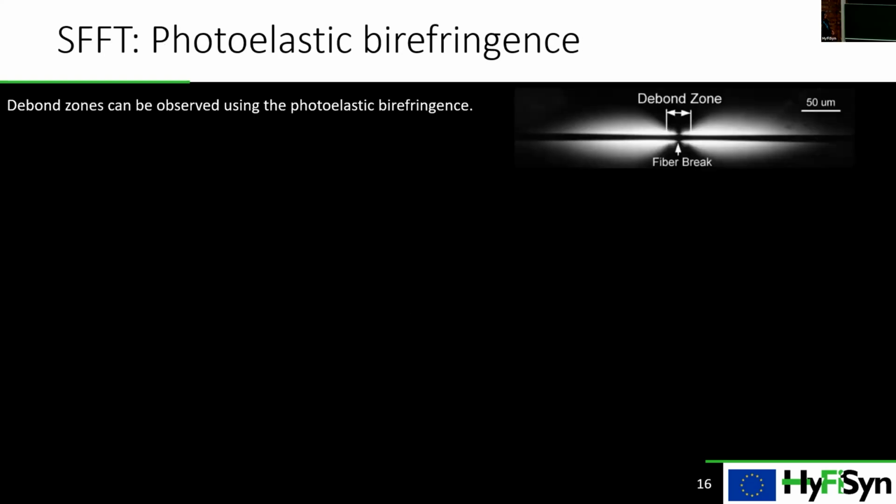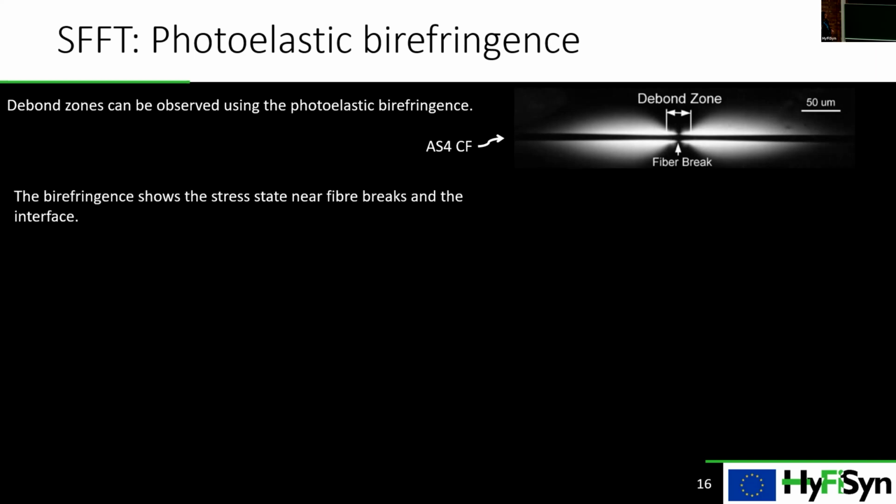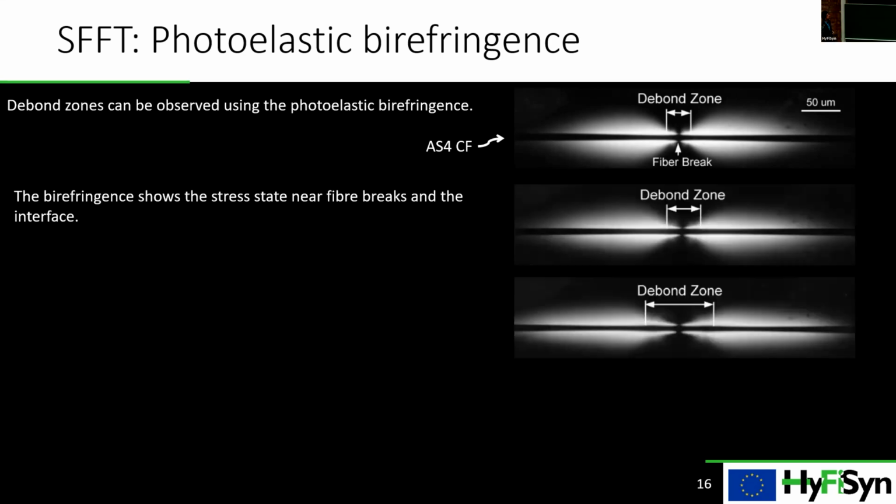So the debond zones can be observed using the photoelastic birefringence. So you see a carbon fiber here with the epoxy, and you can see the debond zone. And the birefringence shows the stress state near the fiber break and the interface. So basically we strain it more, and you can see this pattern is flattening down.